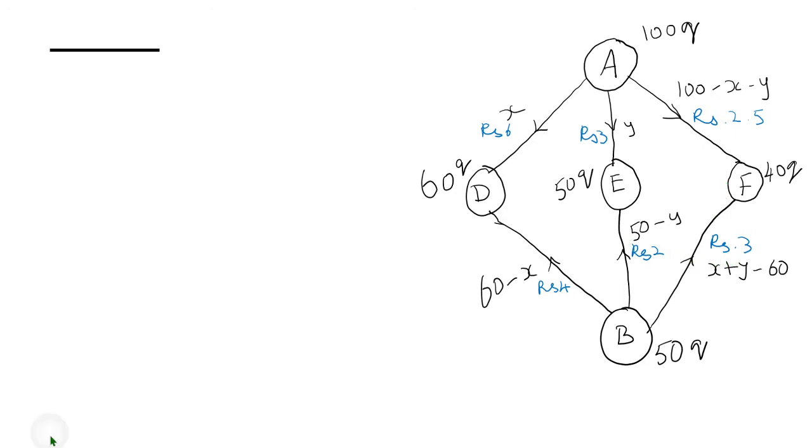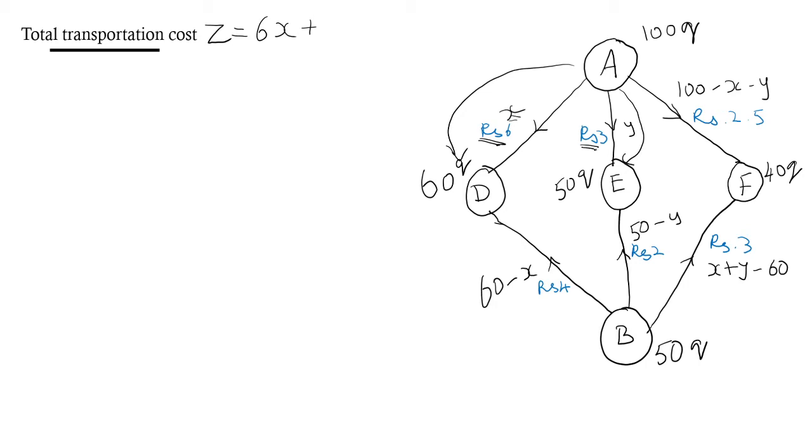Now what is the transportation cost? The total transportation cost Z is equal to: the cost of transporting 1 quintal from A to D is rupees 6. So for x quintals it will be 6x, plus for transporting 1 quintal from A to E it is rupees 3. For y quintals it is 3y. Similarly for the others.